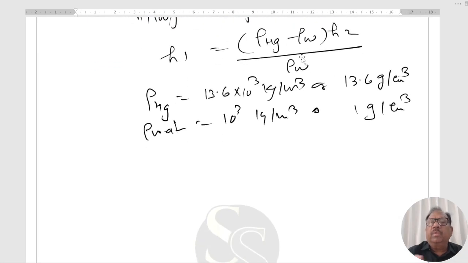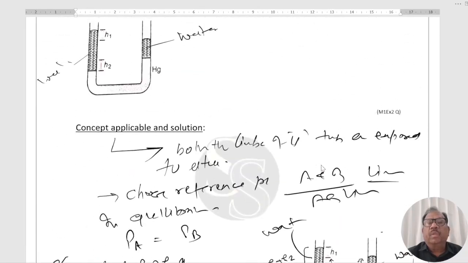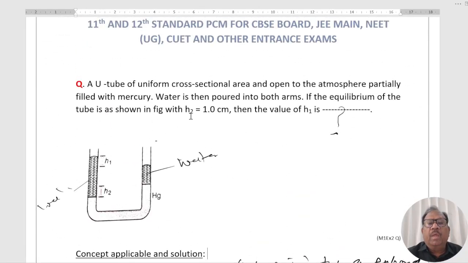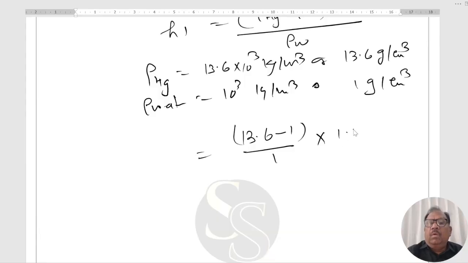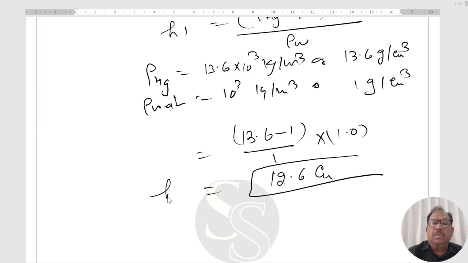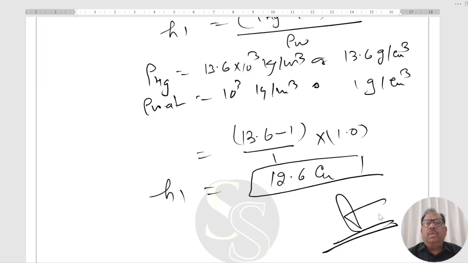Distances are given in centimeters, so we will use centimeters. 13.6 minus 1 divided by 1, into H2. H2 is given as 10.0 centimeter. On simplification, 12.6 centimeter. That is H1. This is the answer. Right? Next question.